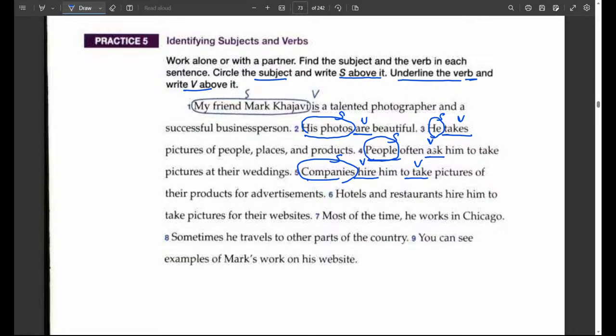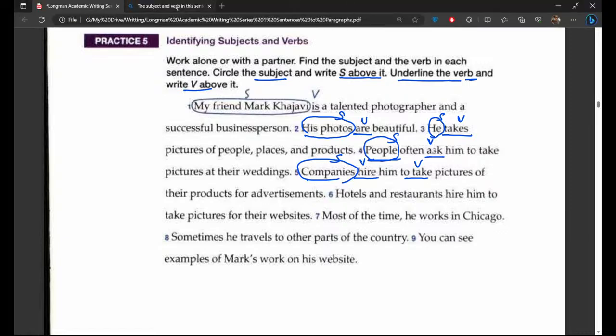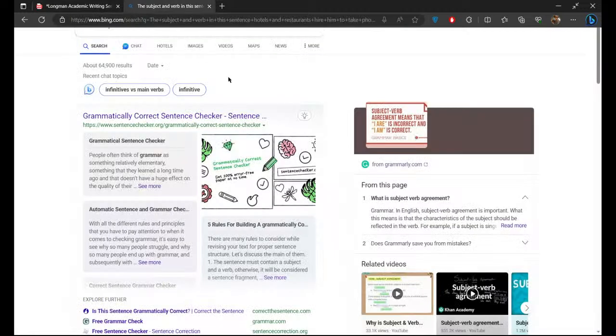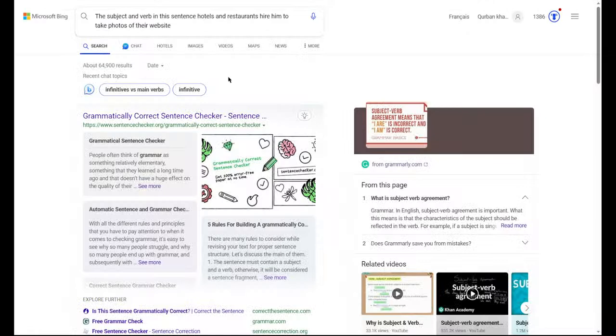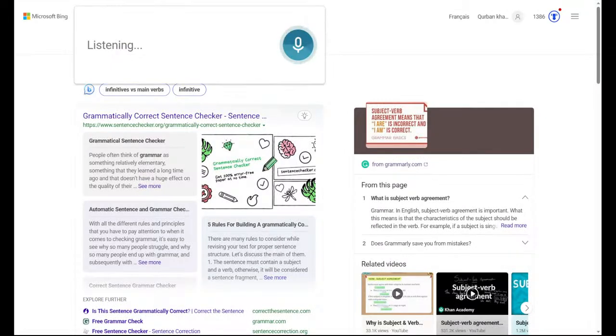Let's search about this one and find out which rule we should follow here. Which one shall we take as a subject and which one should we not? Okay, so this is: companies hire him to take pictures of their products for advertisement.